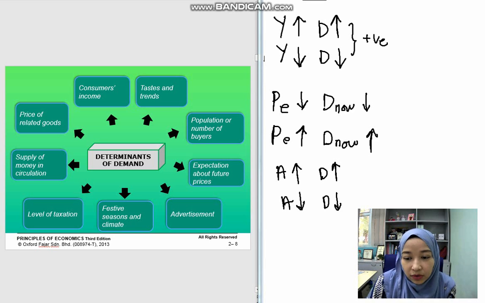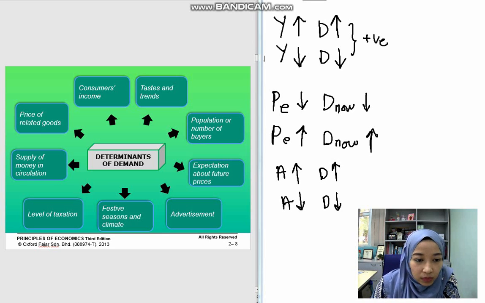The demand for hand sanitizer right now, you can see, is increasing. So that will give impact on the price. When demand is increasing, the price of the product will increase. And when, let's say in the future, we no longer experience COVID-19, the demand for hand sanitizer and face masks is reducing, so the price will become cheaper again.